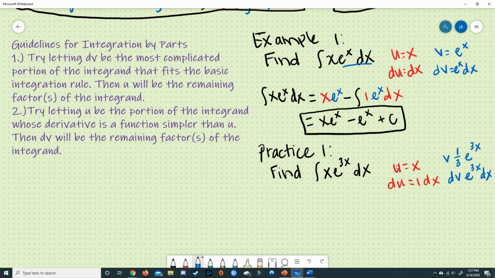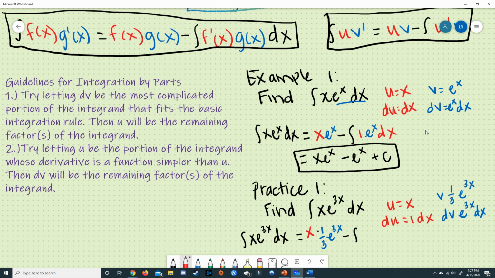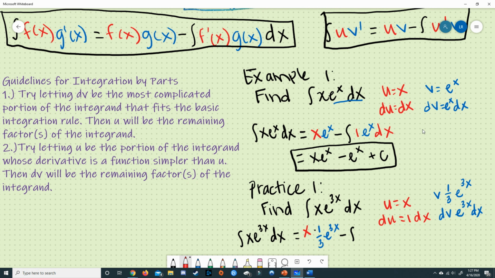I can now apply the rule, and so the rule says that the integral of x e to the 3x dx equals x times 1/3 e to the 3x minus, is it x? Now I have to look up here, u prime.